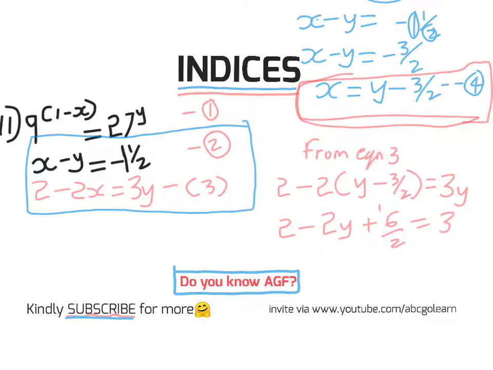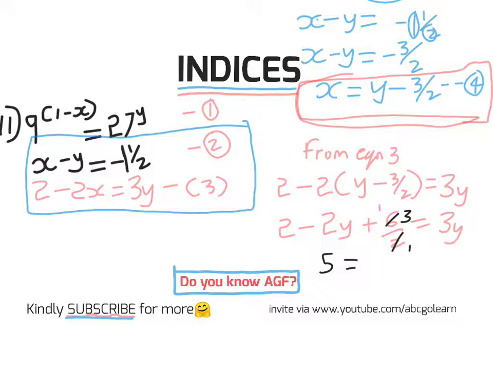Now to solve this very question, let's just add it together. You can divide this to give us 1, and this to give us 3. So we have 2 plus 5 here, plus 3 here. That will give us 5. That will be equal to, if you take that very minus 2y to the other side, it will return to plus 2y.